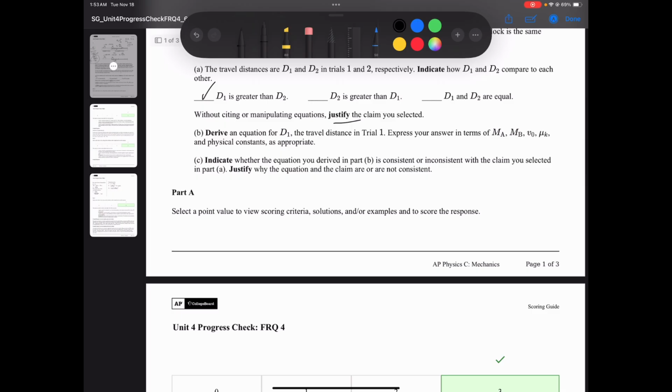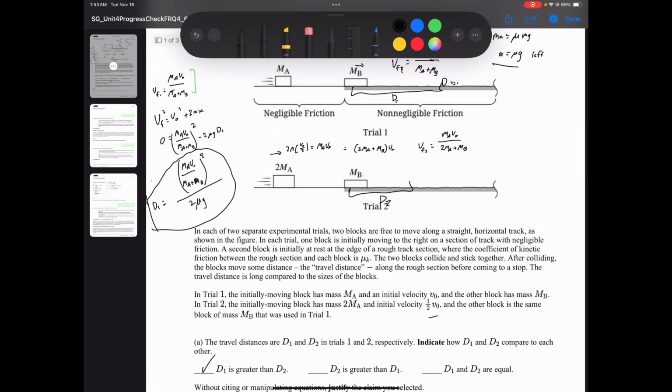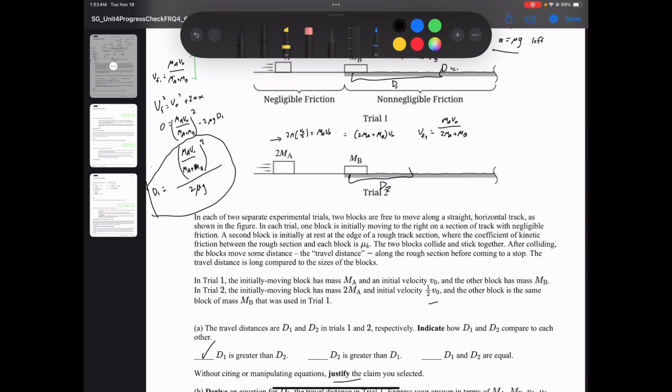So for part B, the equation would be D2 is equal to 2ma times v naught over 2, so v naught over 2 over 2ma plus mb, and all of that squared divided by 2 mu g.